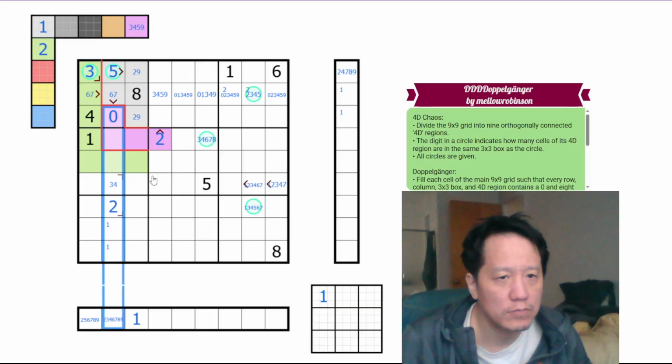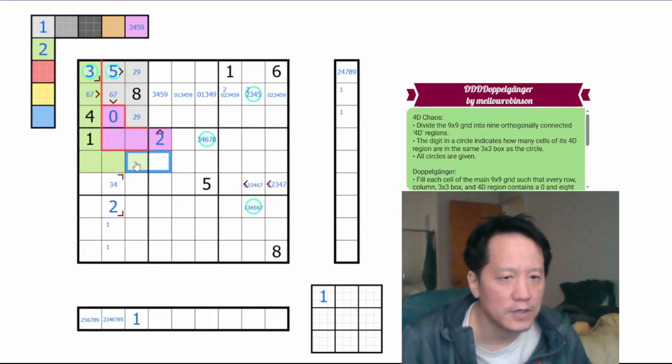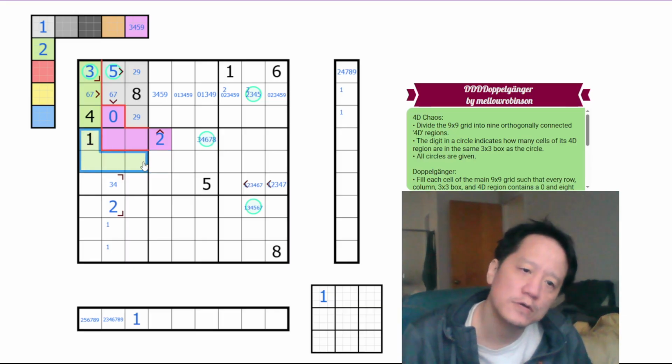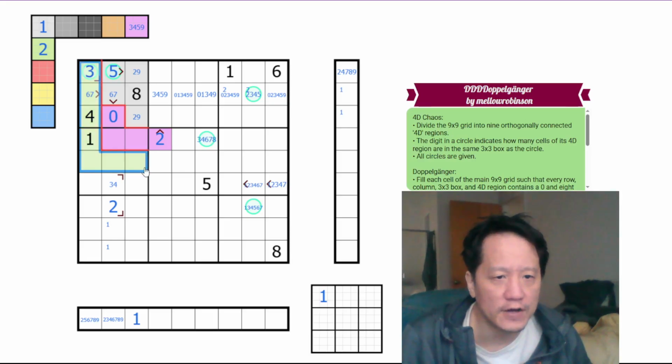So this is at most 5, and it could be 4 in this region. So again, you could have 5 going. Okay, so this is definitely a border.